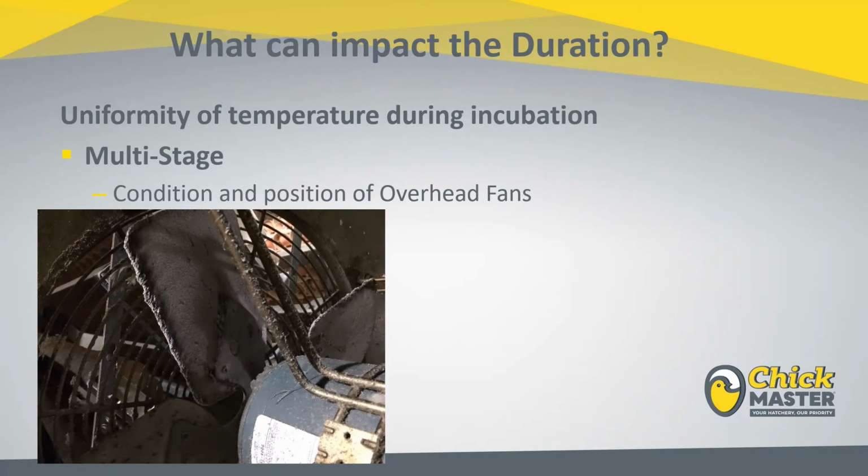This is an example of a hatchery that had intensified their fogging procedures in the incubator room, and the fog itself was so heavy that it was carrying over into the incubators and collecting, leaving residue on the fan blades. And that sticky residue then allowed any dirt or debris or dust to collect directly on the edge of the blade. That's going to cause a blade to not move as much air, not create enough static, and therefore not have consistent, even airflow or temperature control through the egg pack.